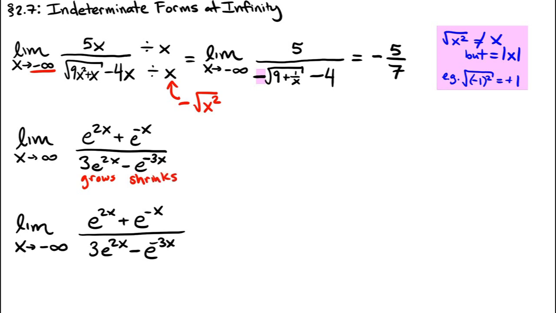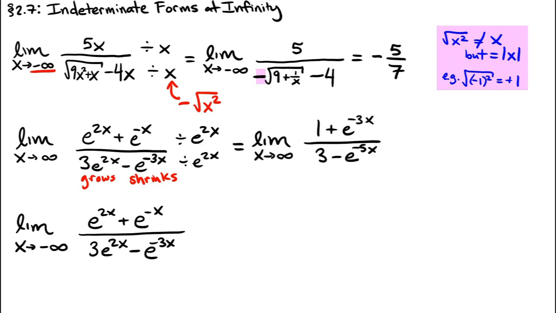Hence, the e to the 2x here is the leading term, and that's what we want to divide by. Use the exponential rules on your pre-calculus fact sheet to distribute. You should get this. Now, in the remaining exponential functions, e is being raised to a larger and larger negative number, so those terms will go to 0, and you just get 1/3.